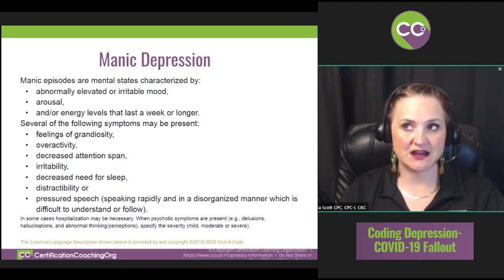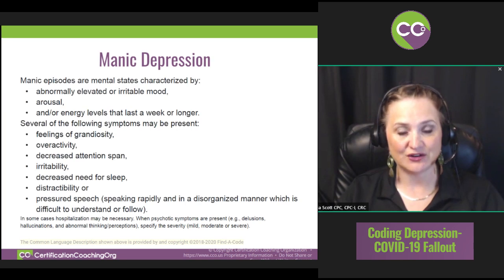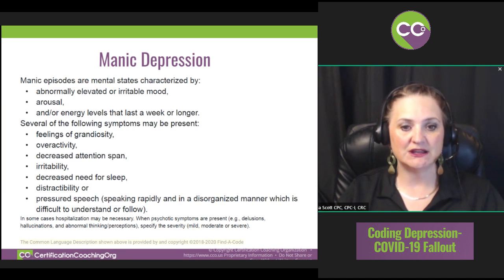Now, these things in and of themselves happen at different times, or are normal, but several of the symptoms together matter: irritability, decreased need for sleep, or pressured speech.